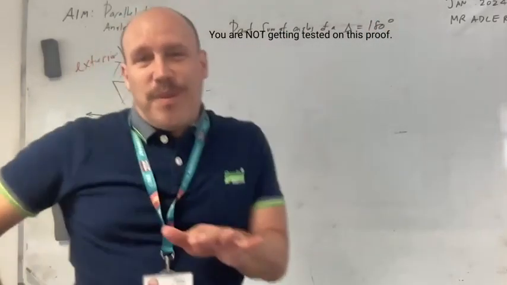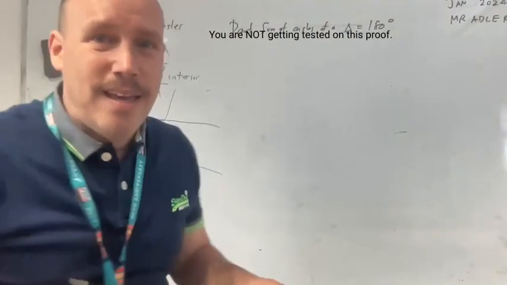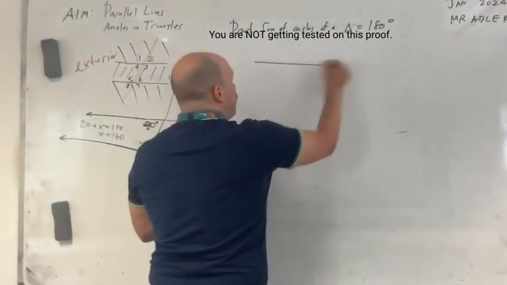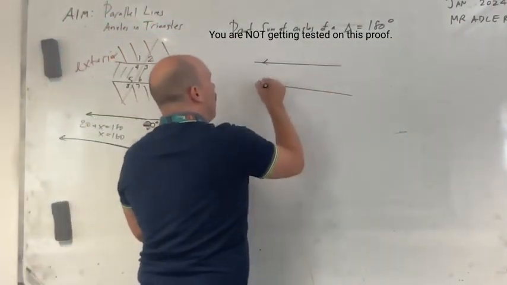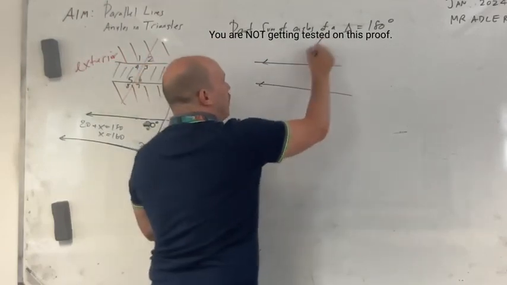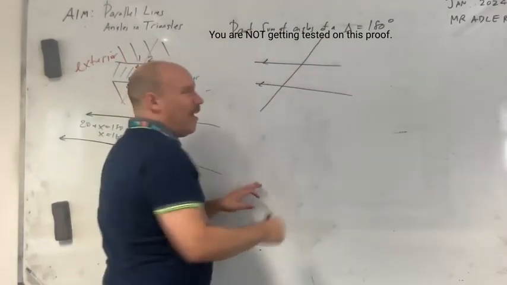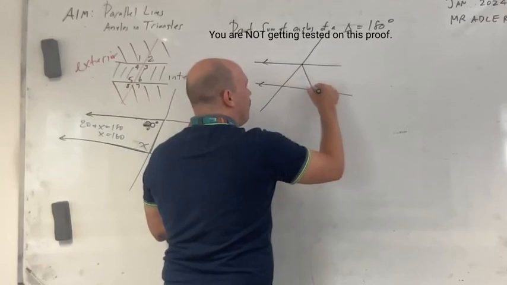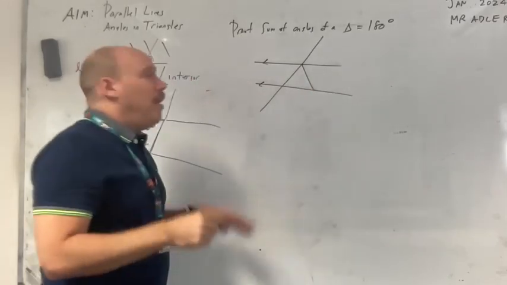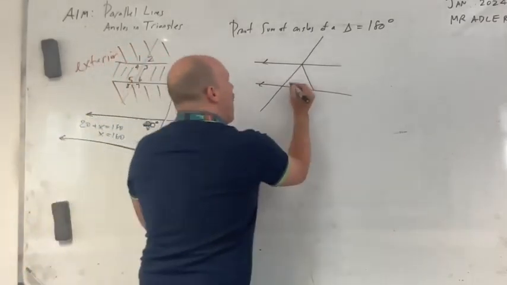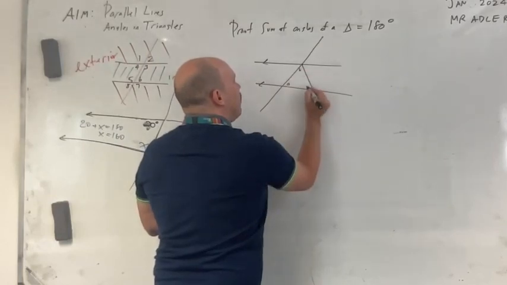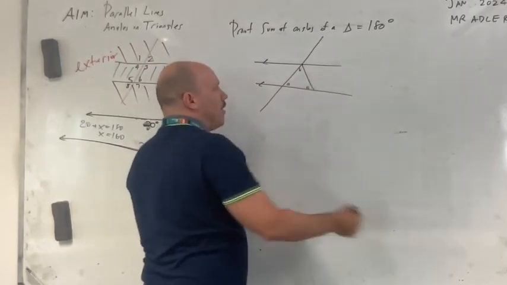You don't have to repeat this proof. I'm just going to show you quickly. Draw two parallel lines, and then draw a transversal, and then draw in a triangle here, the last side of the triangle. The question is, does A plus B plus C equal 180?